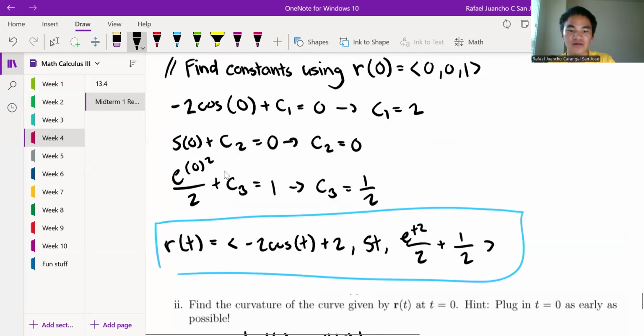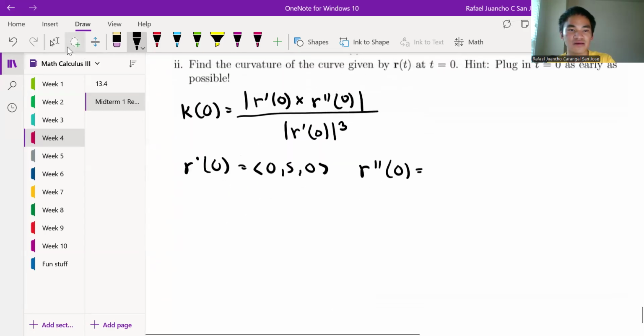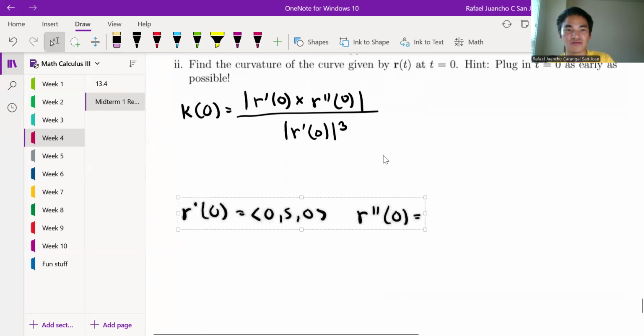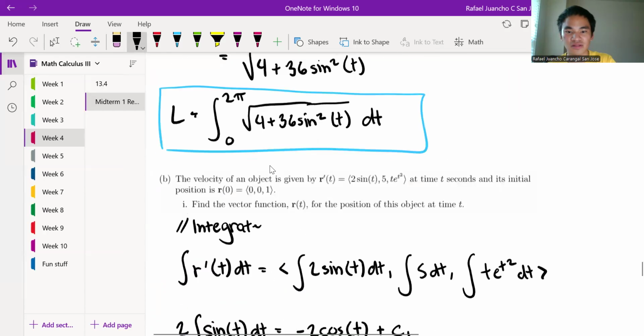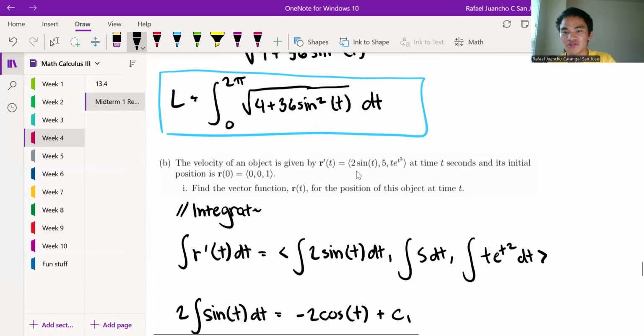R double prime, oh, I haven't gotten a function of the second derivative yet. So let me just do that real quick. My r double prime of t is, well, you take the derivative of each component. So we have 2 sine t.